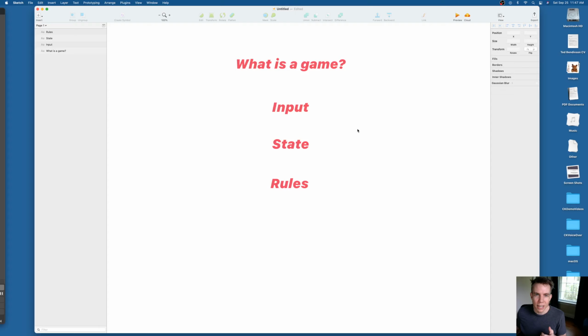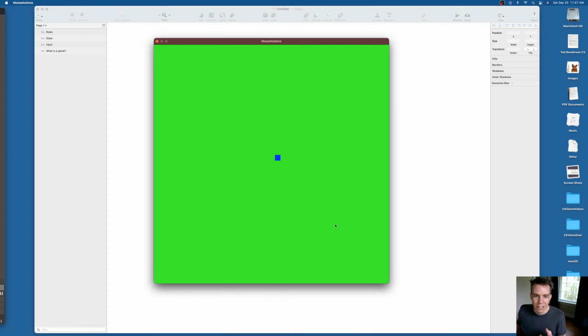It's got state and it's got rules, but it's got no input from the player, right? The state is the location of this blue square, and the rules are every frame update, move it 0.1f in the x direction, something like that, and every frame update, move it such and such in the y direction.